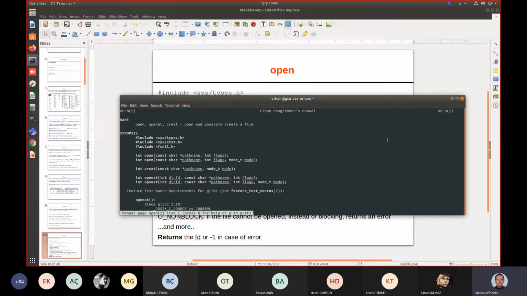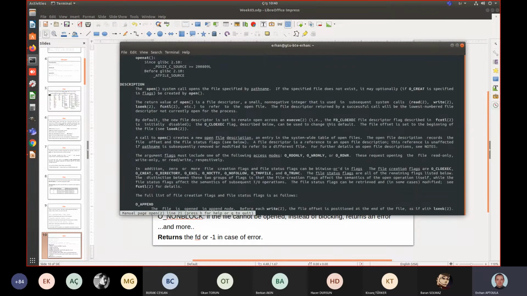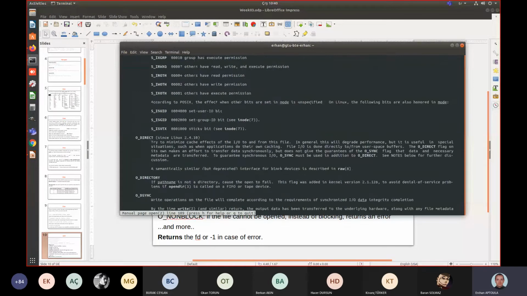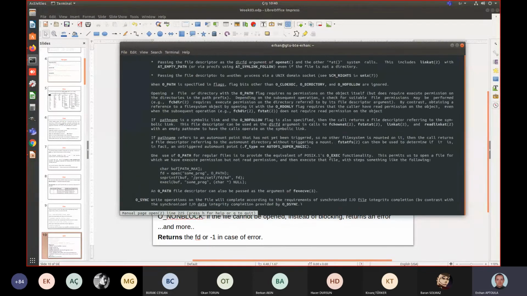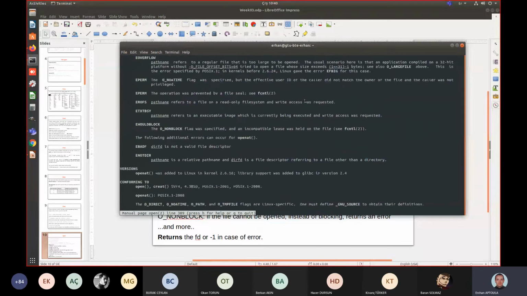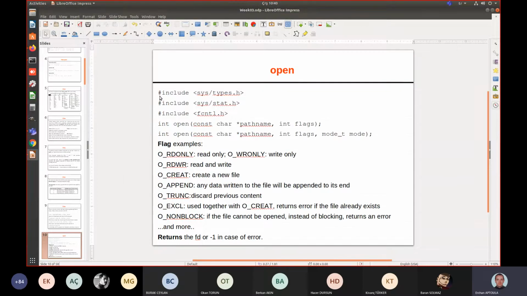So in the particular case of open, I can readily access all of this information. What does it do? What are the possible values for the parameters? What does it return? What are the possible errors? Example of use, and so on. Everything is available at the man page. So whenever you have any doubts about how to use any system call, or even if you don't have doubts, make sure that you occasionally read the man pages in order to keep your knowledge fresh.